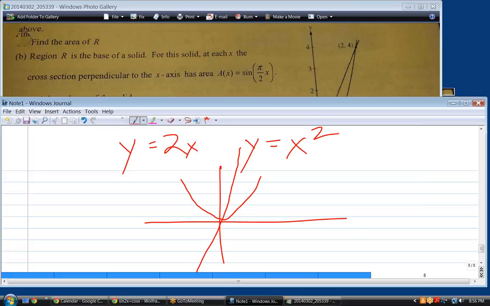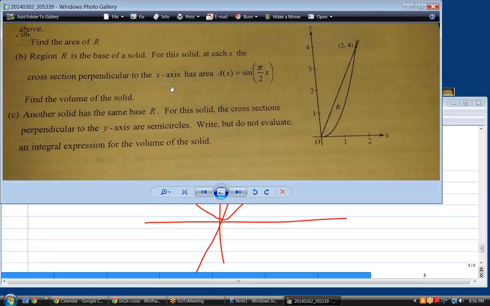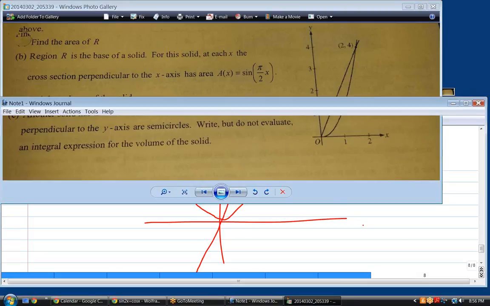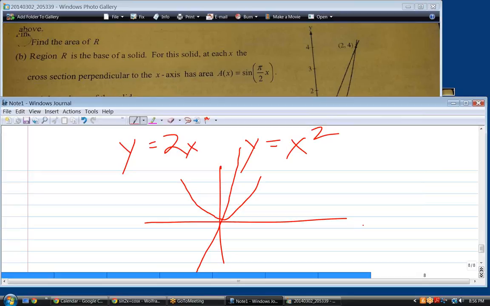And then from 0 to 2, so we start putting in a 2, should be 4 minus 8/3, I believe. I'll check that's what she got.